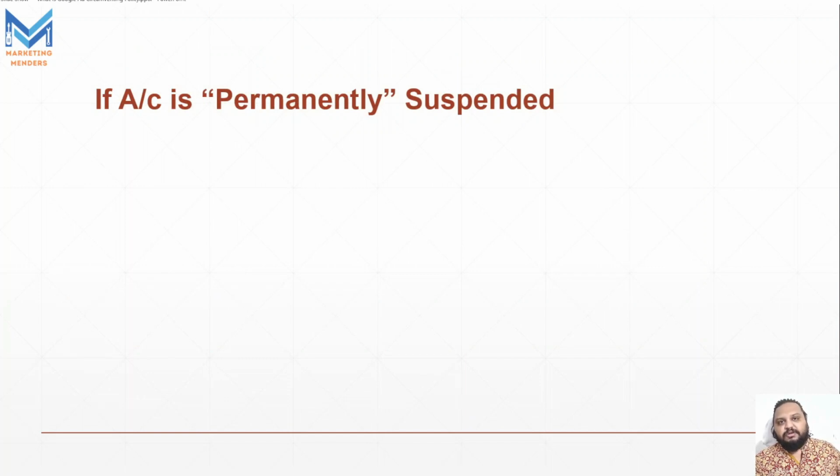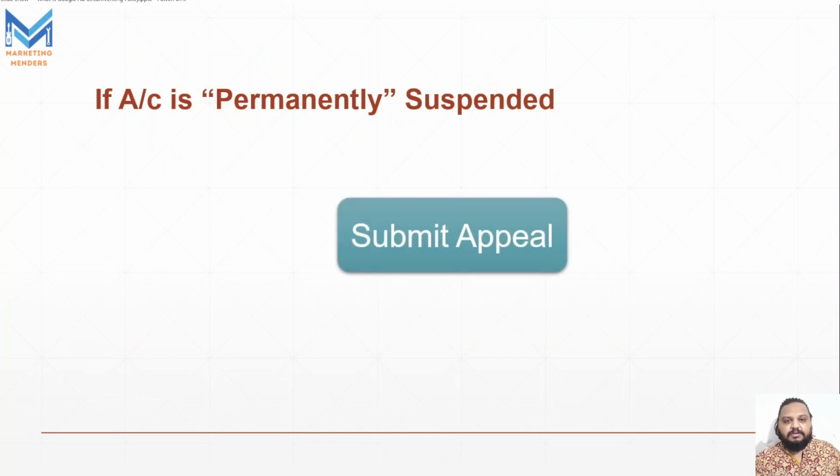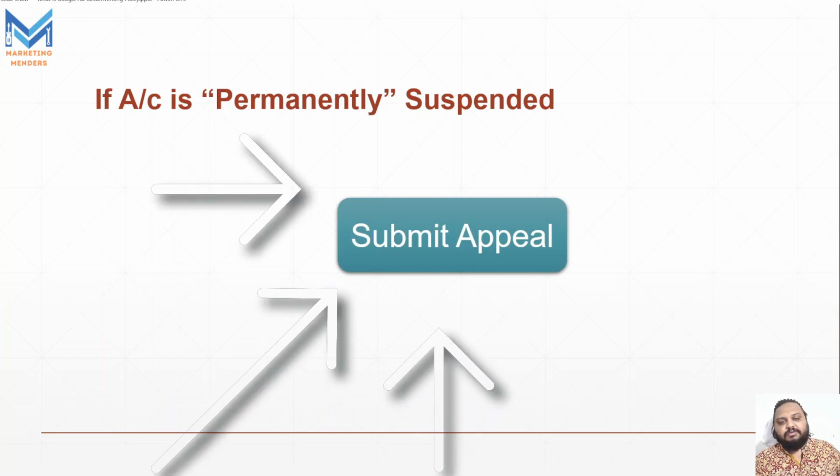Now that is for the temporary suspension. Now what happens if the account is permanently suspended? So the last option in that case will be submitting an appeal. That is the only option available if your account has been permanently suspended. Nearly 99% chances are there that your account will not be reinstated.